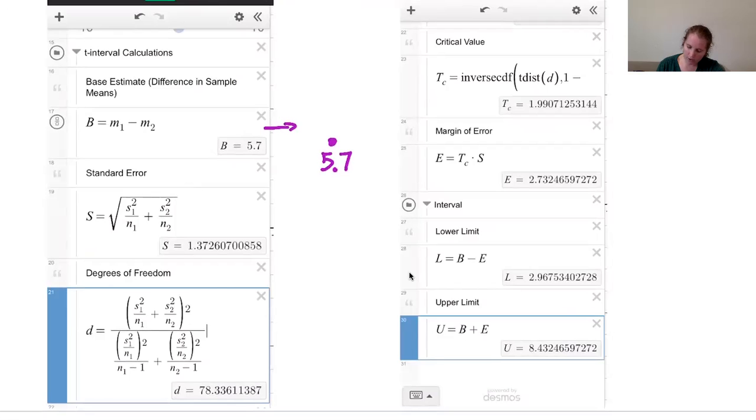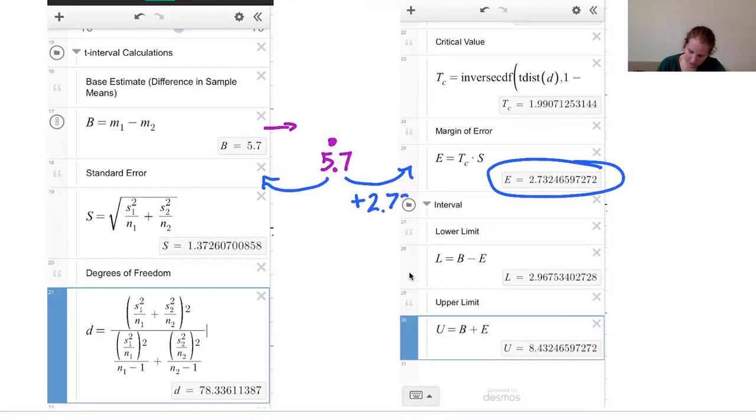To find the margin of error, we do t sub c times our standard error, or the standard deviation of the sampling distribution. Then we take our margin of error and add it and subtract it to get our interval. So we'd add that 2.73 and subtract that 2.73.